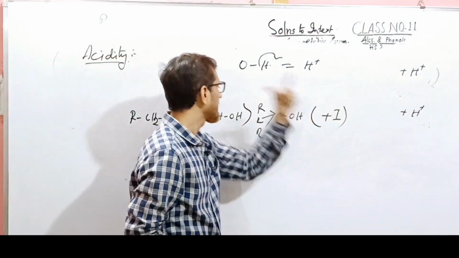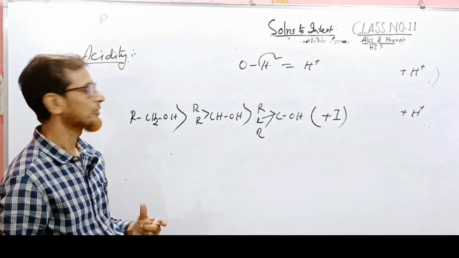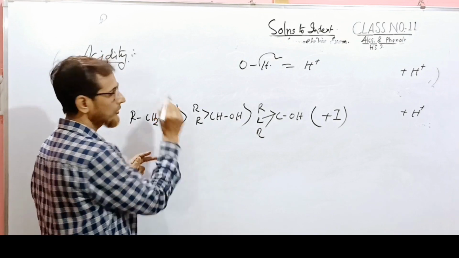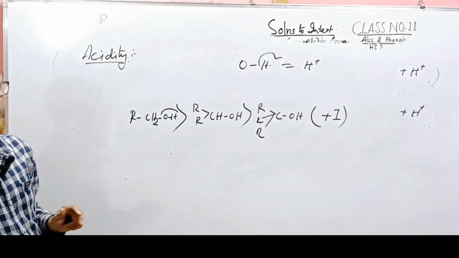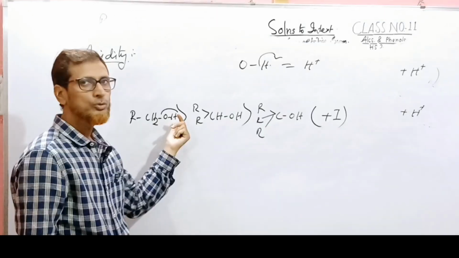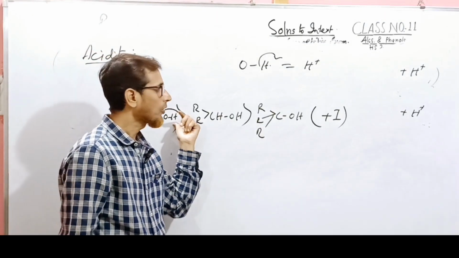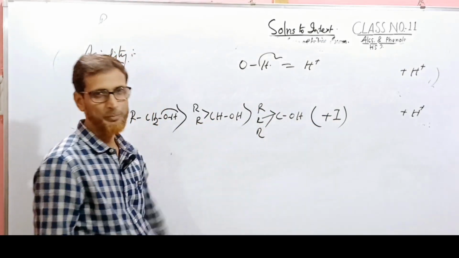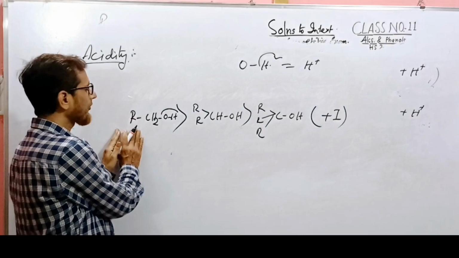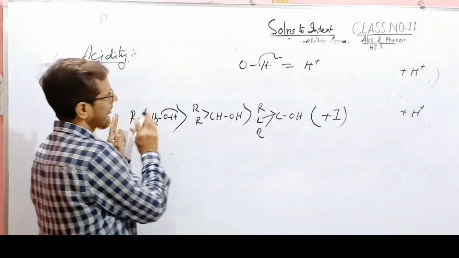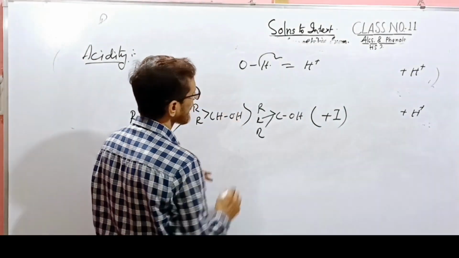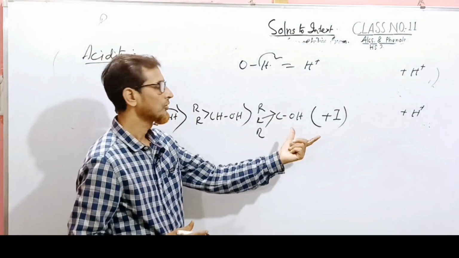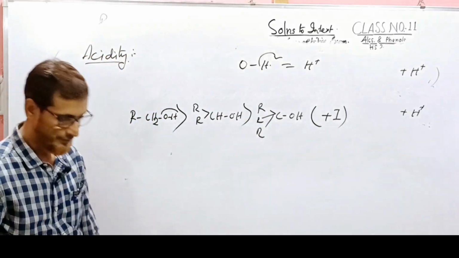Plus I effect means the group releases or pumps electrons. When this group pumps electrons, the electron density between O and H increases, so H will not tend to detach as a proton. The more R groups there are, the greater the electron density and the less the tendency for protonation, so the acid is weaker.